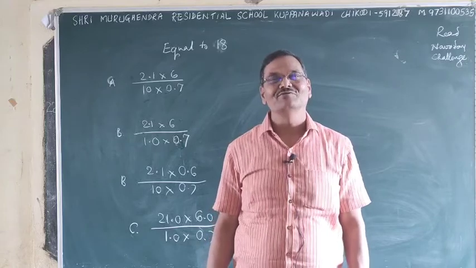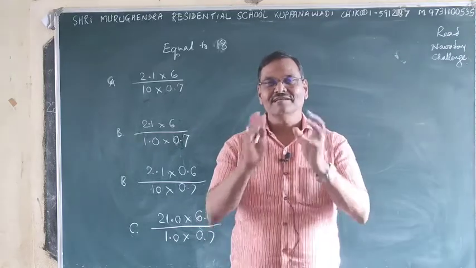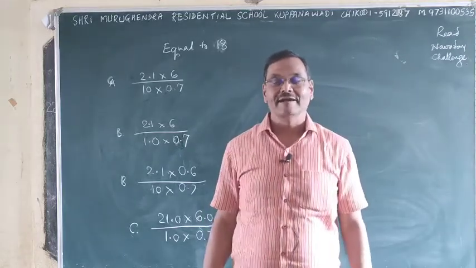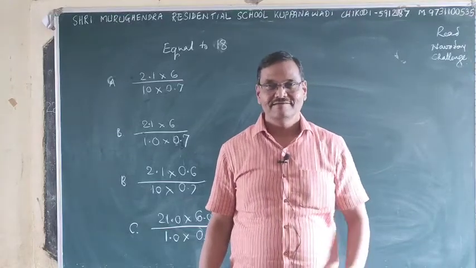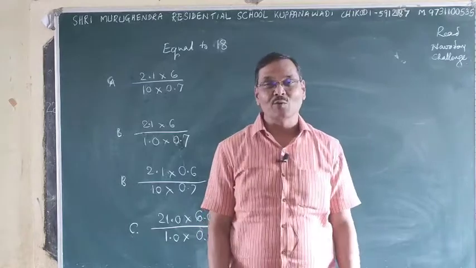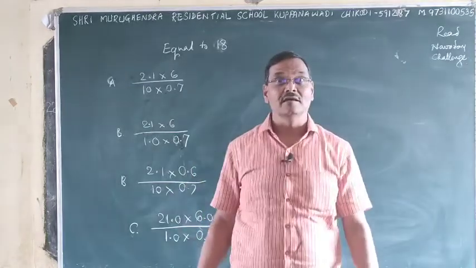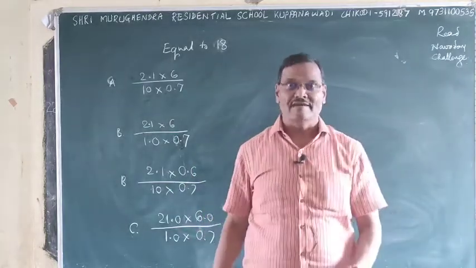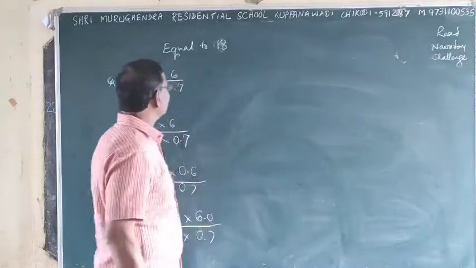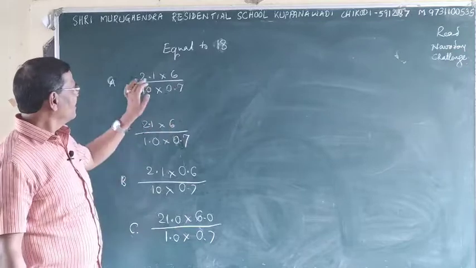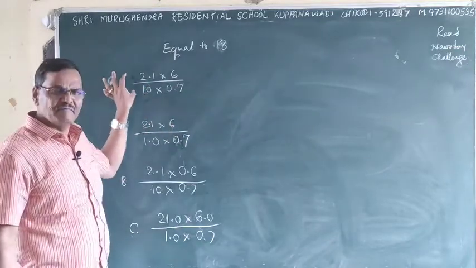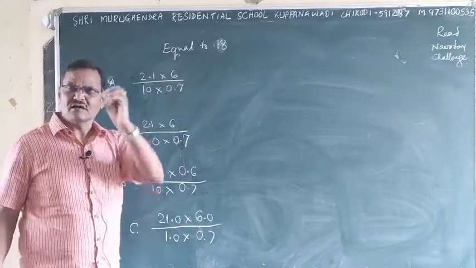Okay, today I am going to teach you some tricks in decimal division and multiplication. Some are asking equal to 1, whereas I am asking here equal to 18. What is this equal to 18? See, if all these are made neutral, you can think this is not a decimal.